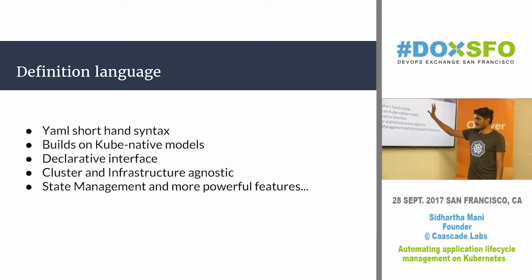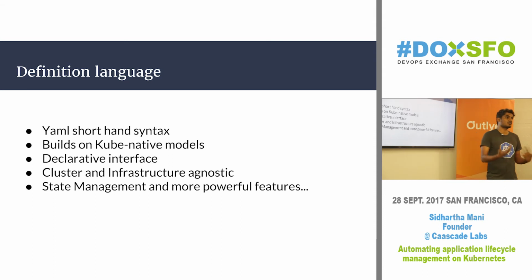So just to recap everything that I just talked about, I first showed you the application automation of PostgreSQL, and then the shorthand syntax. The shorthand syntax just improves readability and is simpler to work with. The second thing was that it is completely Kubernetes native. There are no new concepts to learn.